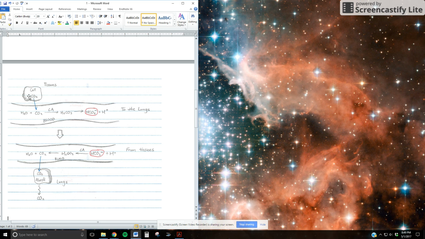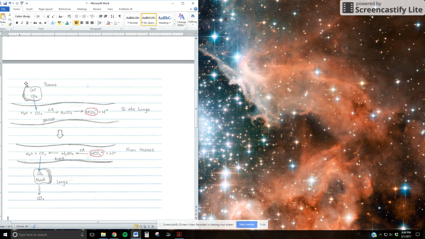The CO2 dissolves out of the cell into the lumen of a blood vessel, where it combines with water and is acted upon by the enzyme carbonic anhydrase to produce carbonic acid, which then dissociates into bicarbonate and hydrogen ions. In the blood, the bicarbonate gets carried on its way to the lungs.